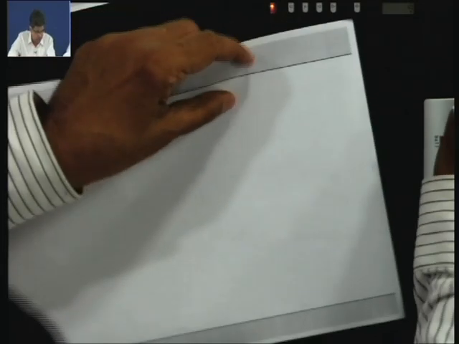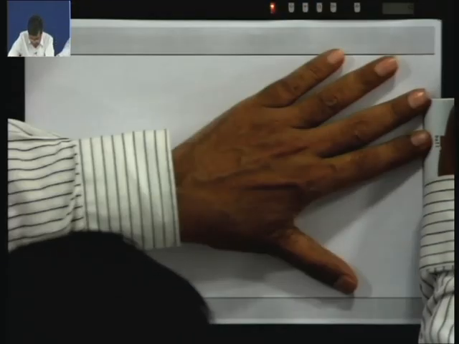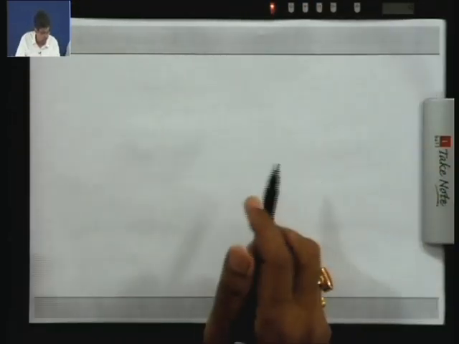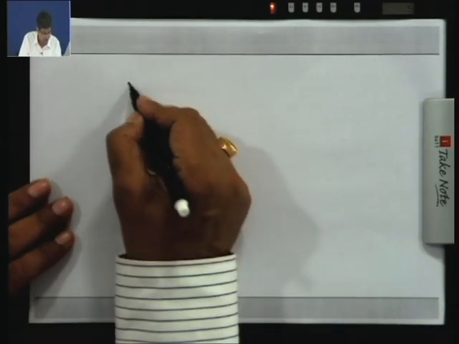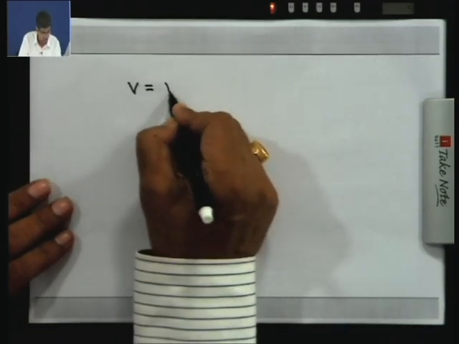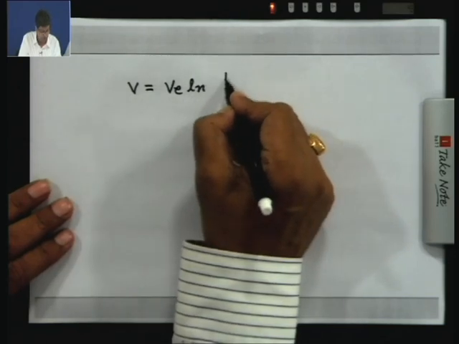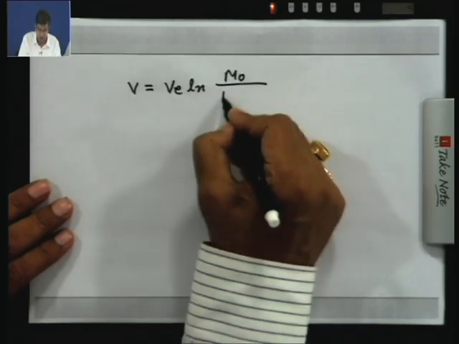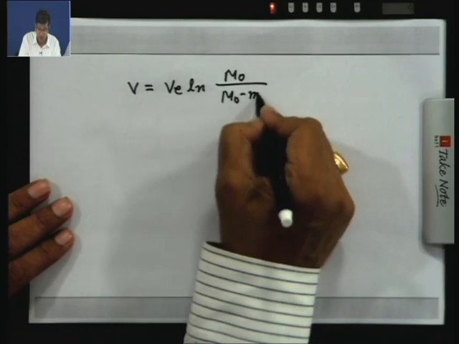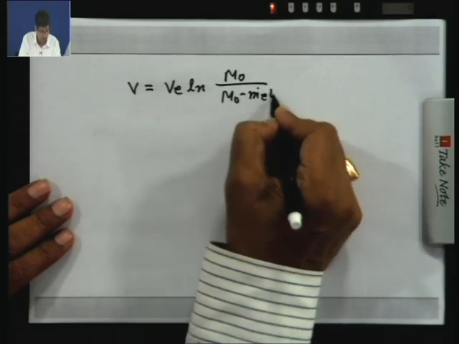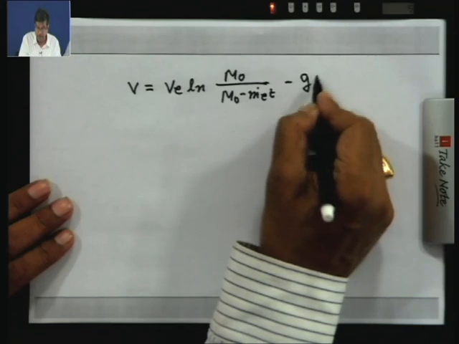What is that expression? Let me tell you, this is very simple, that is school level things. So you get the expression V is equal to V_E ln of m0 by (m0 minus m dot t) minus gt, where the ln comes by integrating that term. This is neglecting the drag force.